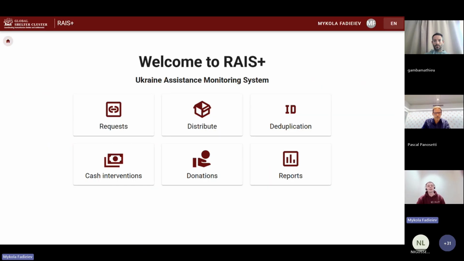Moving on to the next slide, the next very interesting tool used by shelter cluster partners in Ukraine today is the coordination and deduplication platform created by UNHCR in collaboration with the shelter cluster of Ukraine.